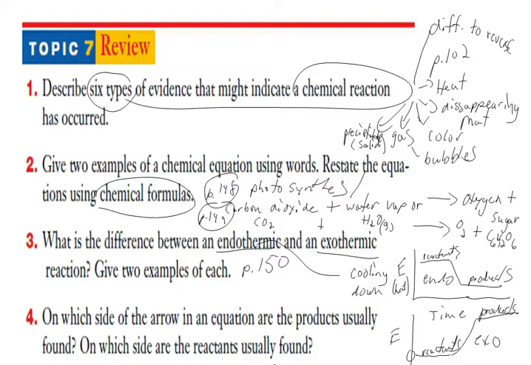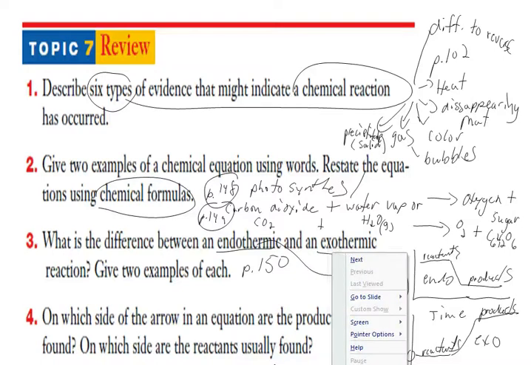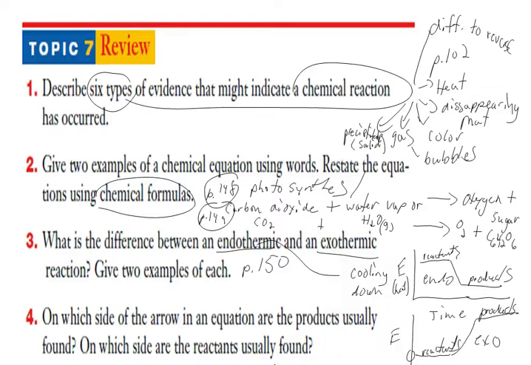Then there's the arrow, and our products are on the right. And the arrow usually stands for produces. Okay, so products on the right, reactants on the left, the arrow stands for produces.